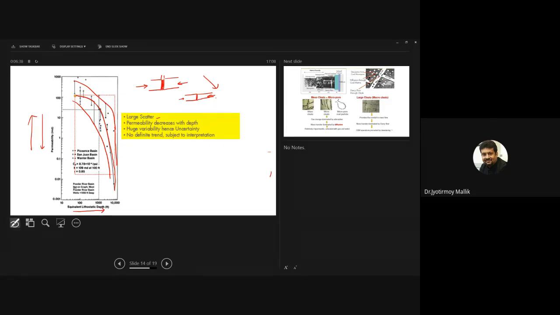So what happens here is, if I now plot permeability with time for a coal bed methane field, for a CBM field, I will observe that the permeability initially decreases and then the permeability increases. So it is characterized by an initial decrease and then a subsequent increase.